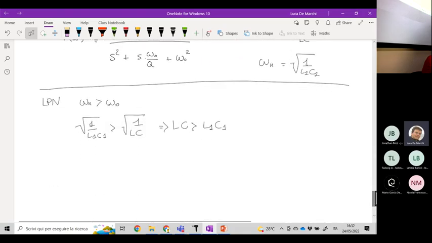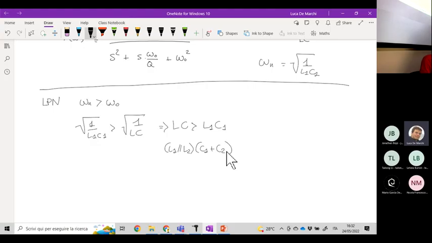So the idea is that L1 parallel L2 times C1 plus C2, that is L times C, must be larger than L1 times C1.